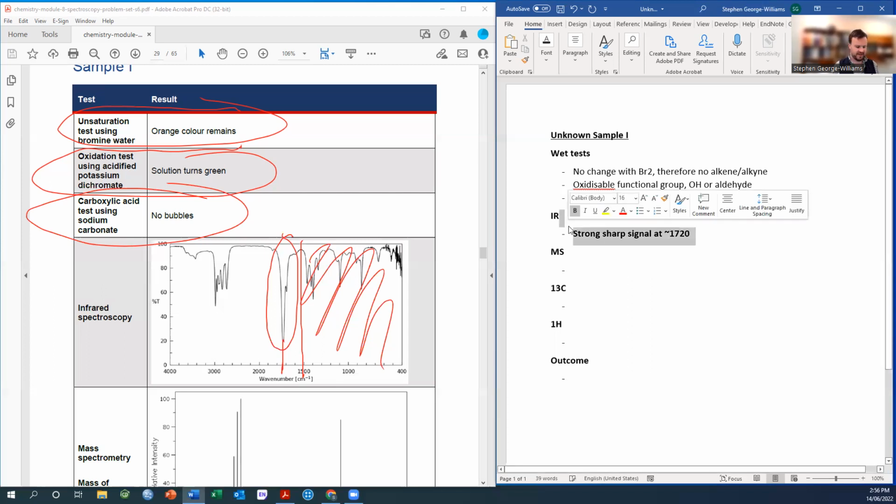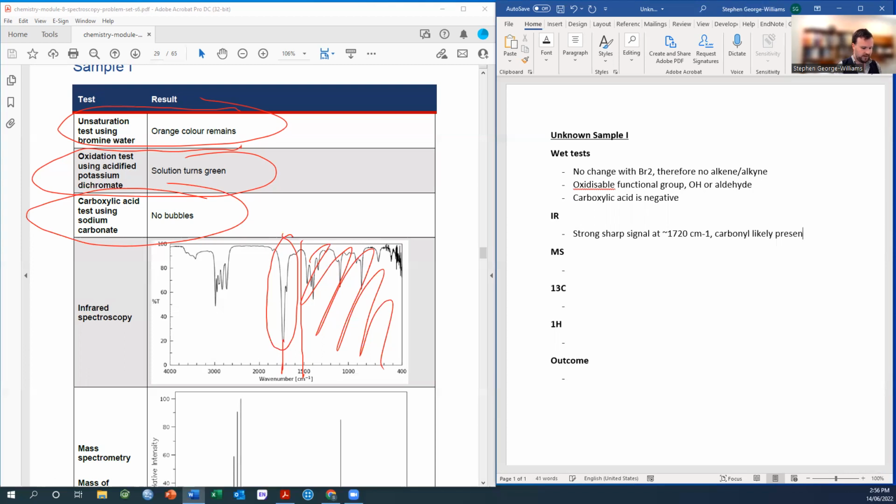If I have something coming up at approximately 1720, that is most likely a carbonyl. And a carbonyl, of course, is our C double bond O. So we know that we've got that double bond somewhere in there.